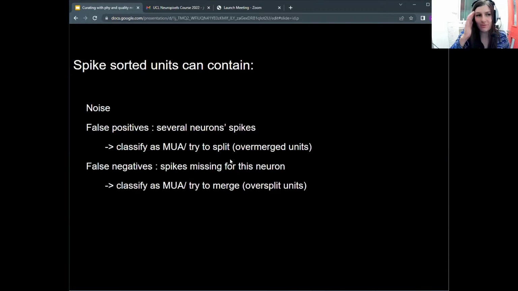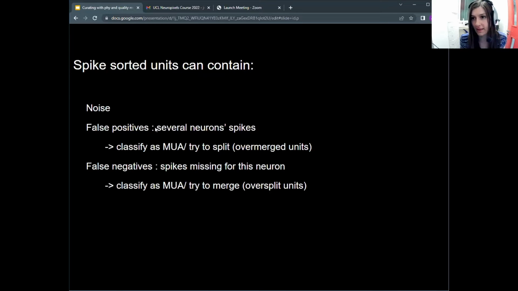So why do we want to do this at all? Well, spike sorting is never perfect, and you always want to look at your data because you will always have some units that are purely noise, and units that actually have spikes that come from real neurons. These spikes can have false positives, where some of the spikes come from one neuron and other spikes come from another neuron.